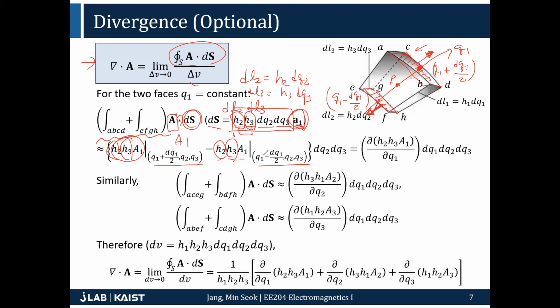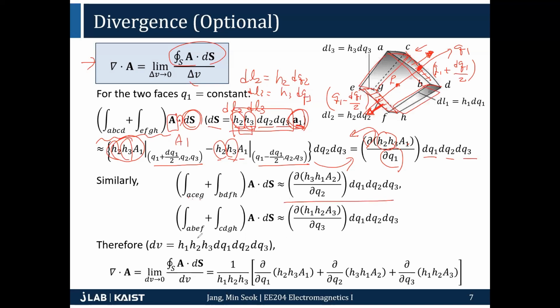So for the same region that we discussed earlier, this can be reduced to the partial derivative along Q1 of H2 H3 A1. In this case, we cannot take H2 and H3 out, because they depend on the coordinate values, Q1, Q2, Q3. And a similar process goes on. For ACEG, this surface and that surface, you get this.